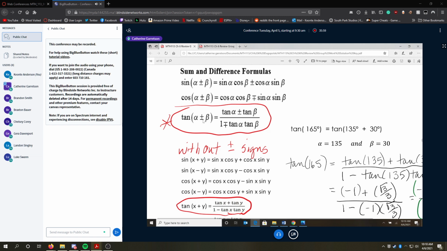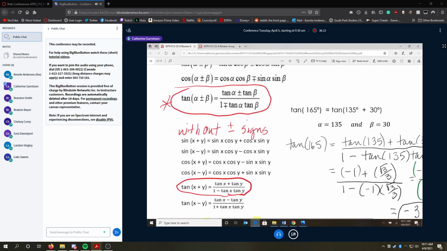The same thing with the tangent. If on the top you read it a plus, well, this would be a plus and that'd be a minus. So plus, plus, minus. Or if it's subtraction, then it's subtraction up here, but addition down there. So, hey, actually, that's not bad if you know the little trick.